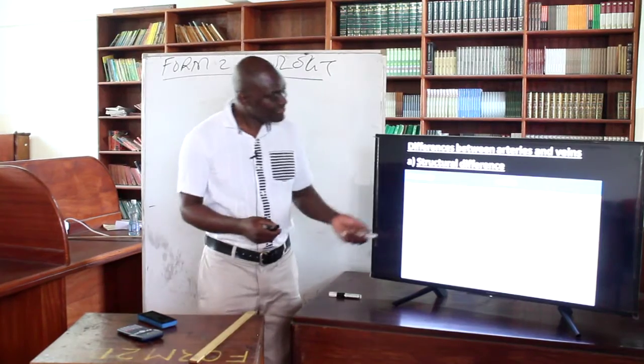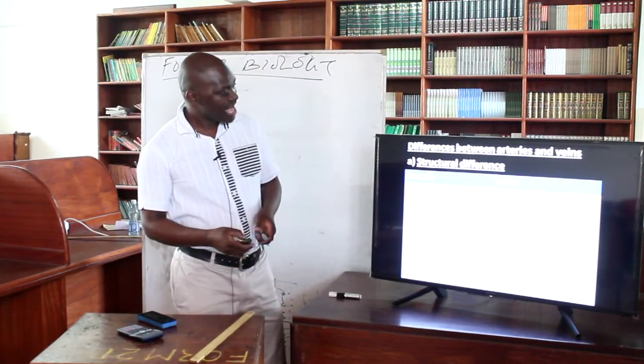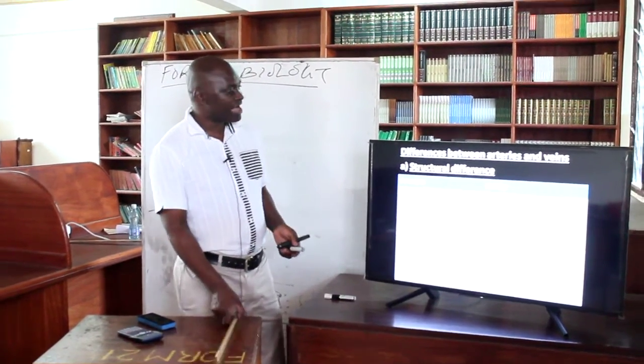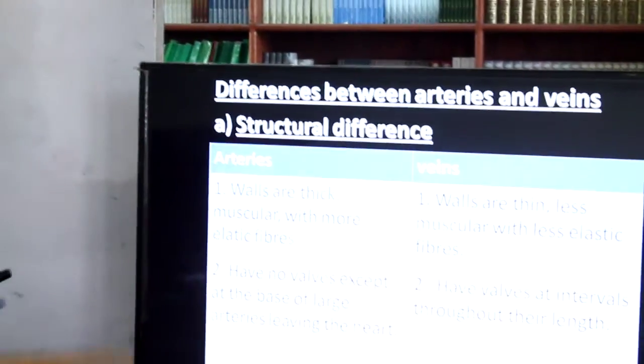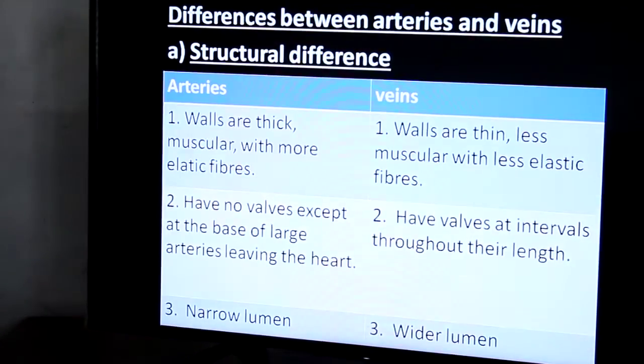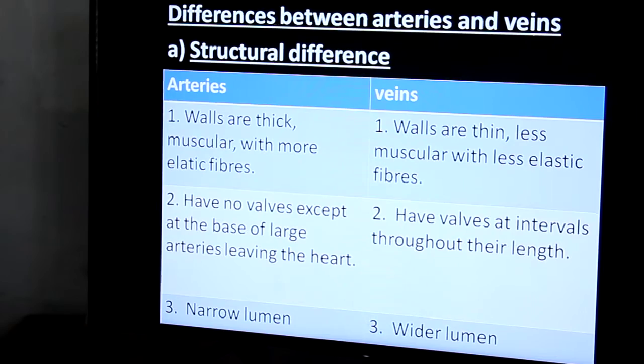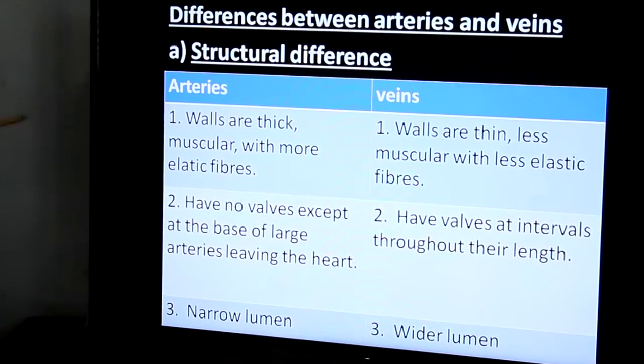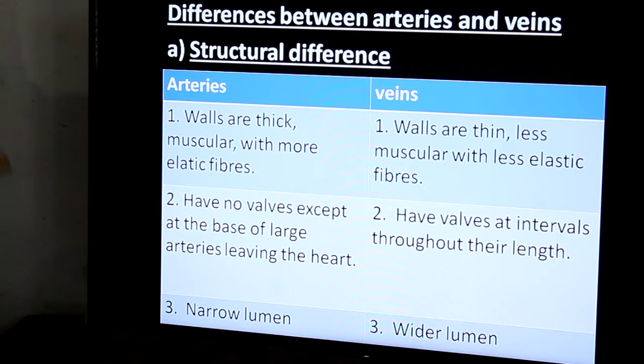Now, we have a table here, and in this table we have tabulated the structural differences between these two blood vessels, arteries and veins.